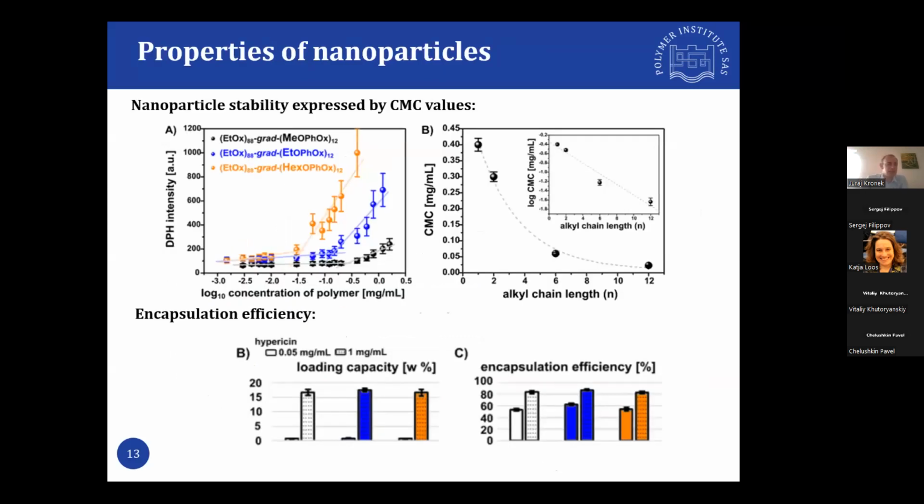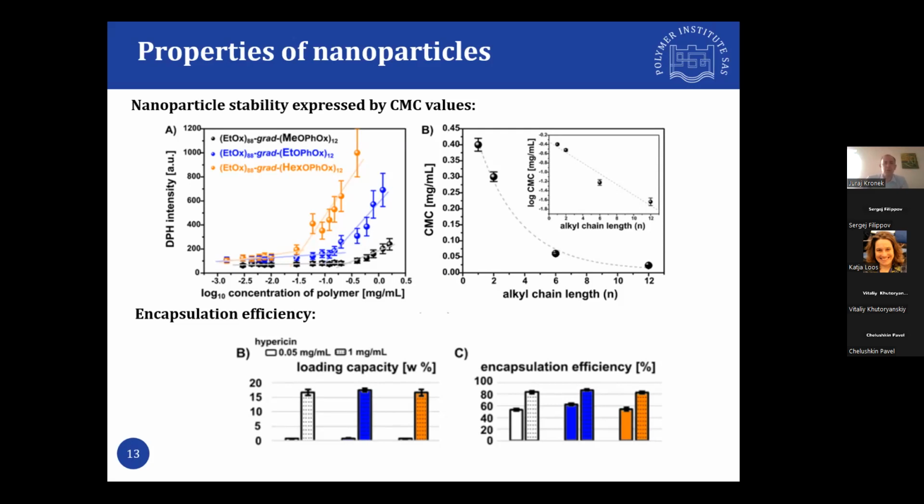We also studied the stability of the nanoparticles by critical micelle concentration values, and you can see that from methyl to dodecyl chain length, the CMC is decreasing. It means the stability of nanoparticles is increasing with the length and extension of the hydrophobic part.